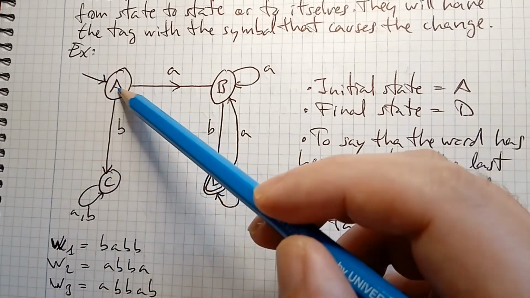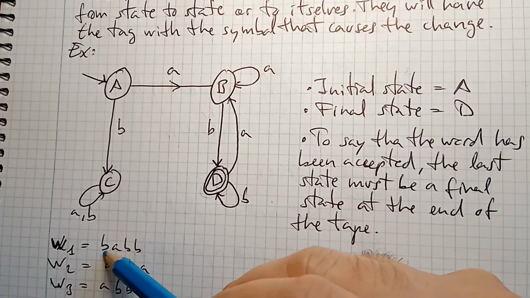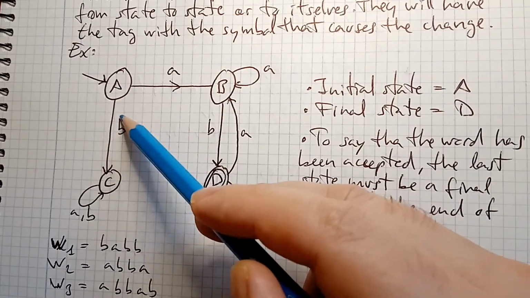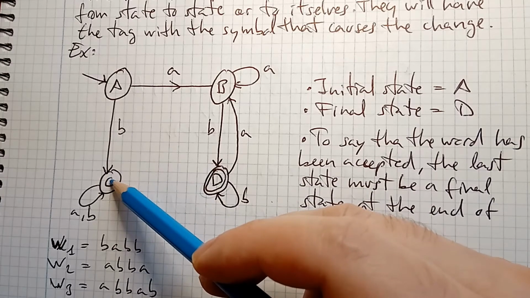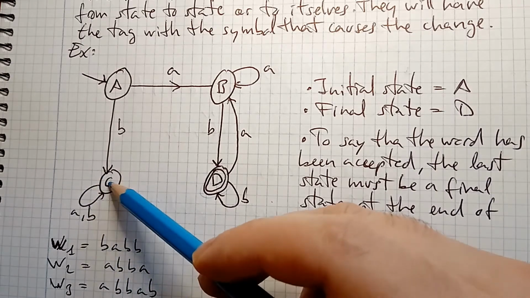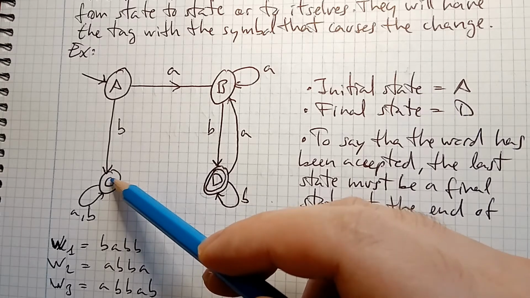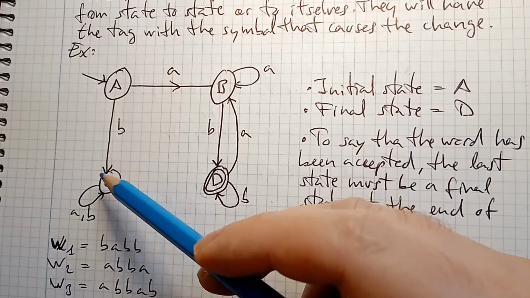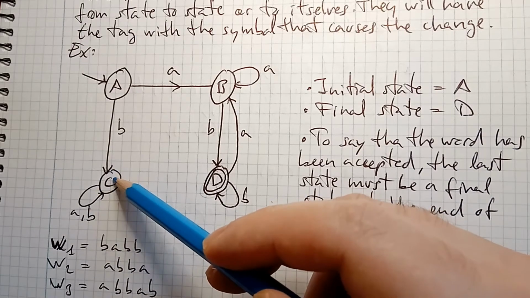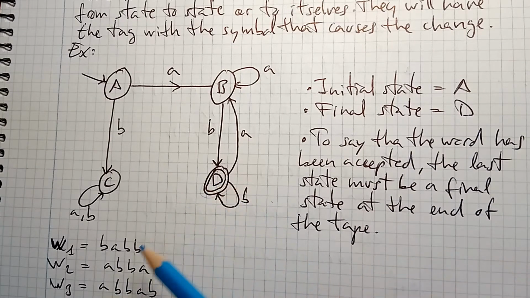We start here, state A, and the first word begins with B. We go from A to C because the input is B. Then it goes to A, remains the same, B and B. This is called a dead state or a trap state, a state where once inside, it's impossible to go out. So the word is rejected because it's not in D at the end of the string.